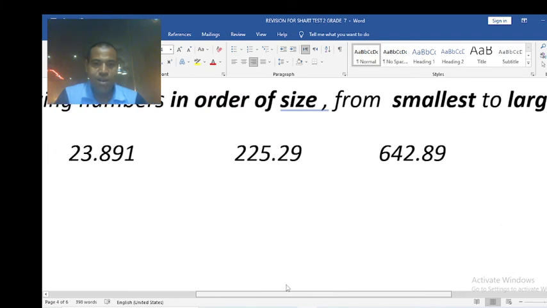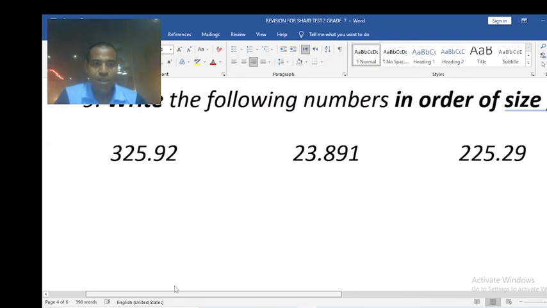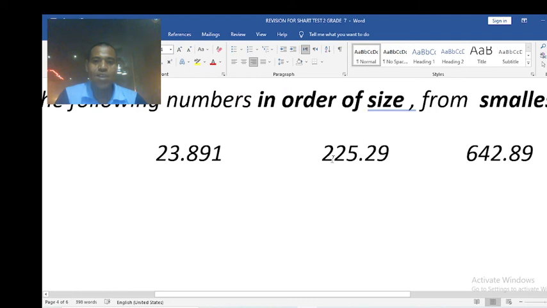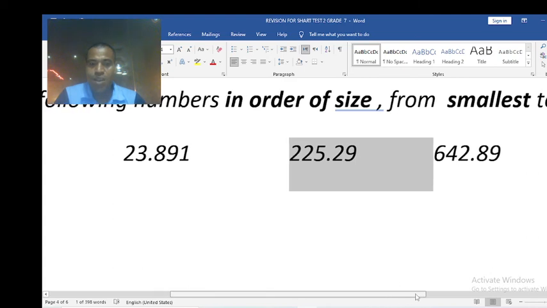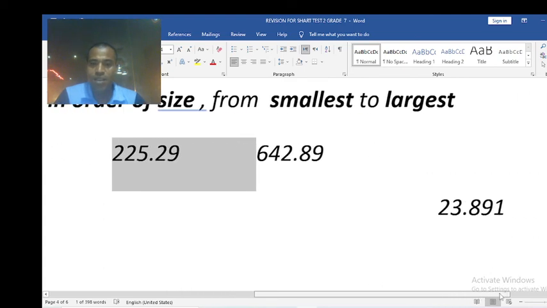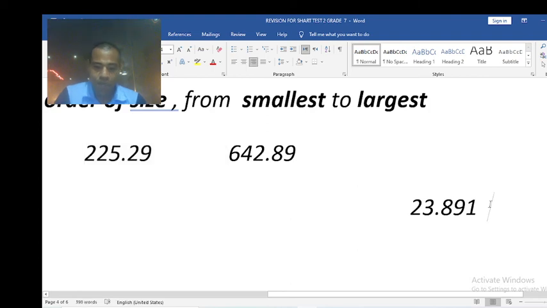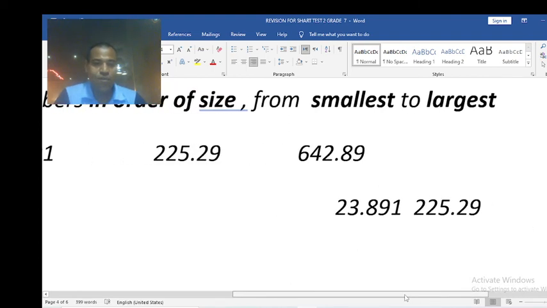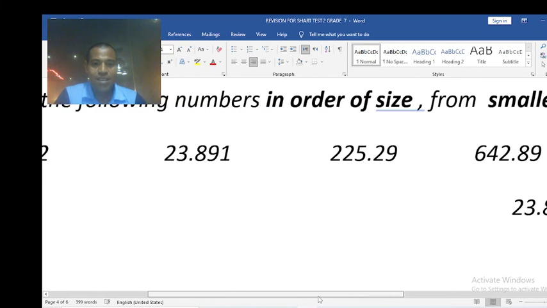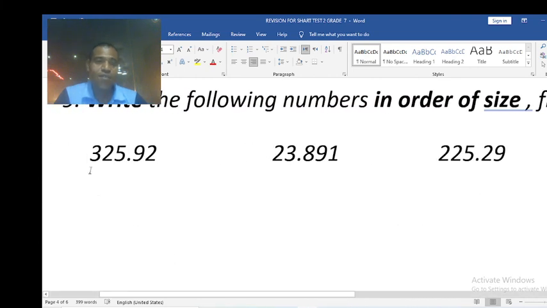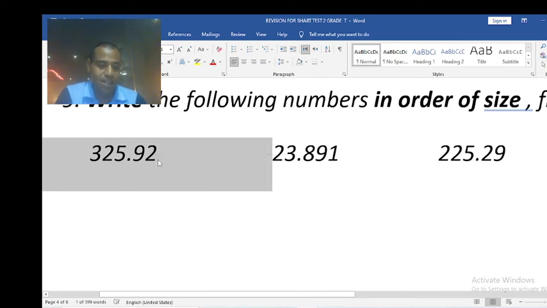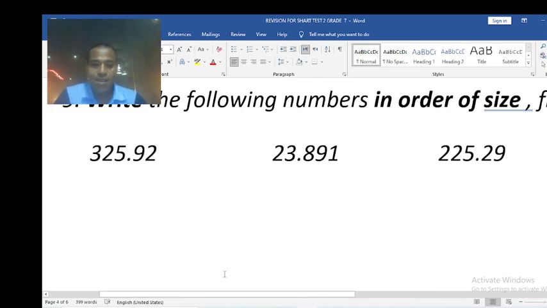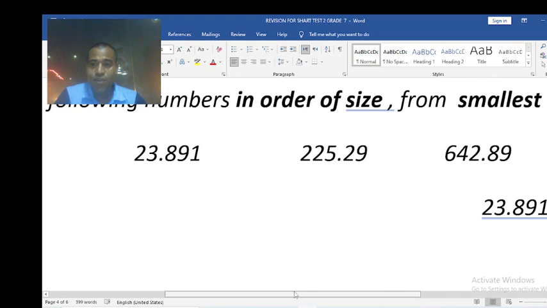Then the second decimal number that comes after 23.891. We go back to our question. So we have 325 and this is 225. This is the second number, which is more than 23.891. I'll put it here. Then go back to the set of numbers. 325 is less than 642.89.